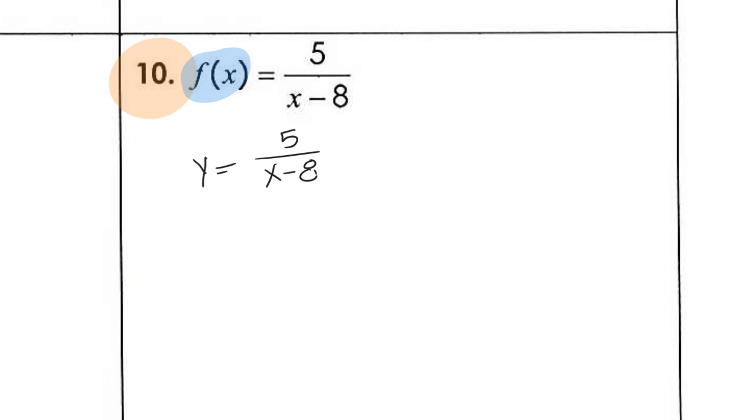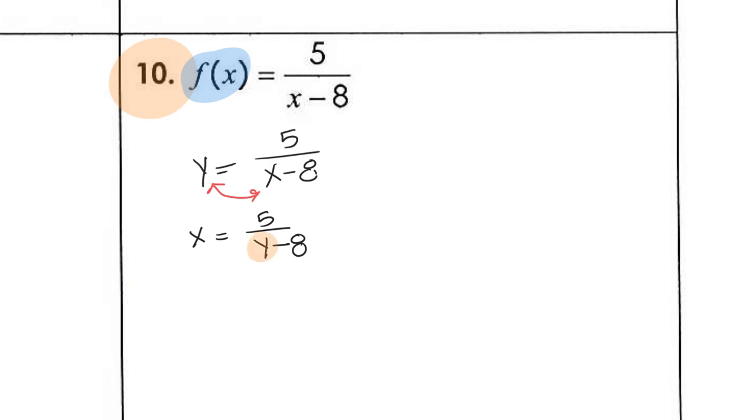So in order to start looking for the inverse, we switch that x and y value. So we have x is equal to 5 divided by y minus 8. Now I can start solving for y.